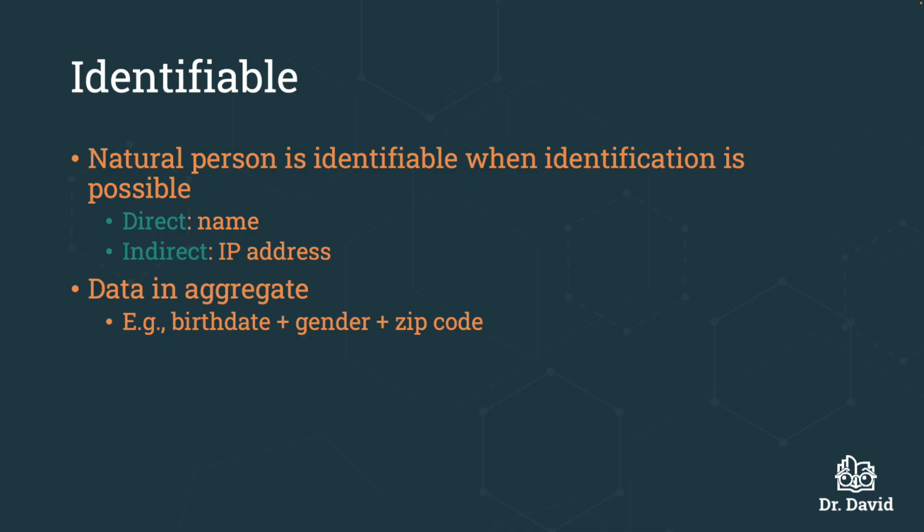But she ran this study where she took these 3 pieces of data, birth date, gender, and zip code, and she was able to identify 80% of Americans with just those 3 pieces of data. So again, this is a famous study. This is an example you hear a lot of in the privacy world. And if you Google that up or use your search engine of choice, again, Latasha Sweeney, that paper will almost certainly come to the top.